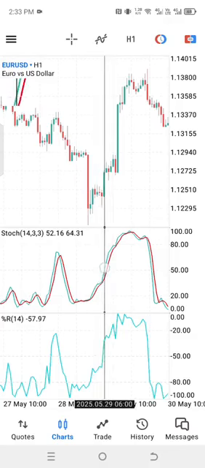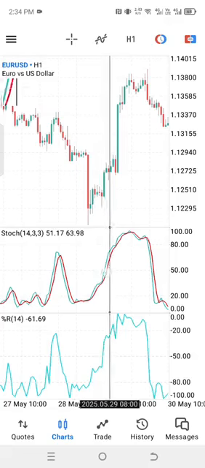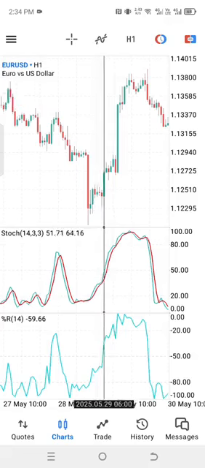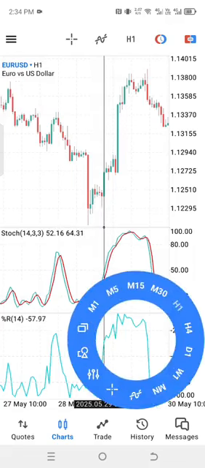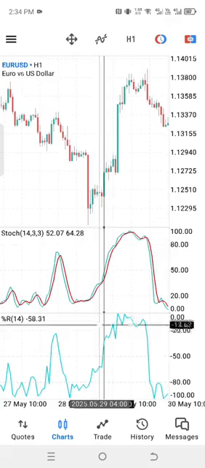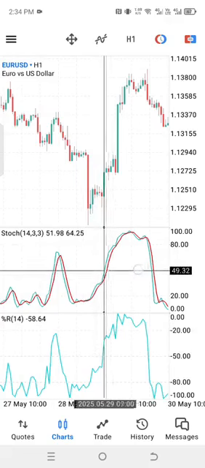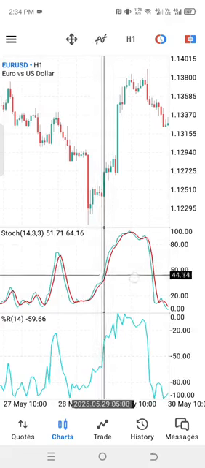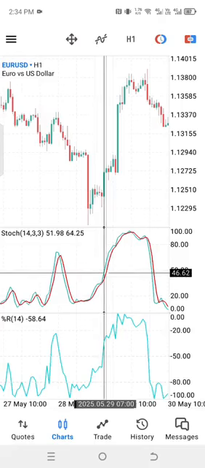So as soon as I get to the H1 time frame, which is going to be my entry time frame, I'm going to wait for the Williams percentage to move to the -50 level. This is what I mean. It's going to move to the -50 level, and this should also coincide with the Stochastic Oscillator also at the 50 level, guys. So this is what you do, and then you take your trade.